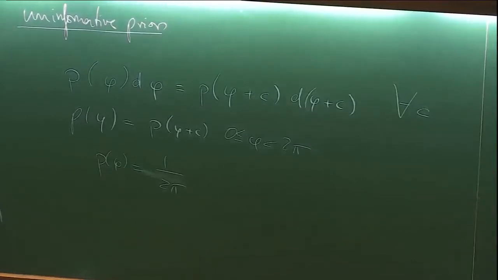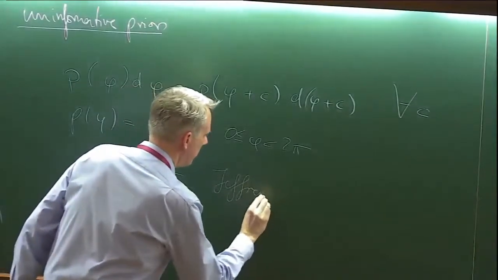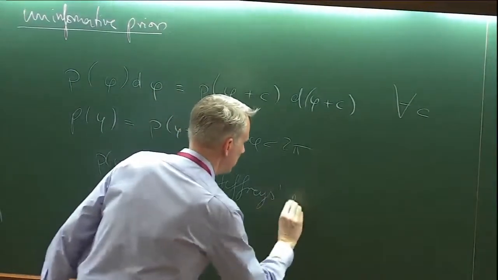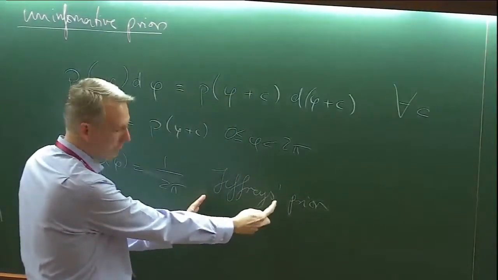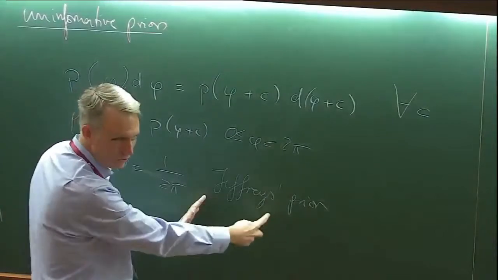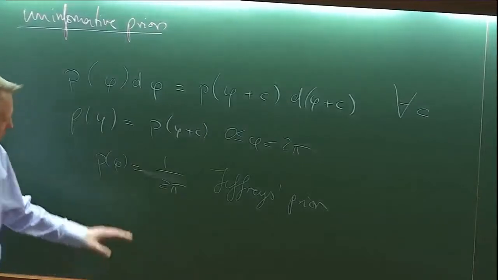That is the derivation of the so-called Jeffreys prior. The name is Jeffreys with an s, so it's Jeffreys' prior, not Jeffrey's prior, for the direction in that particular problem.